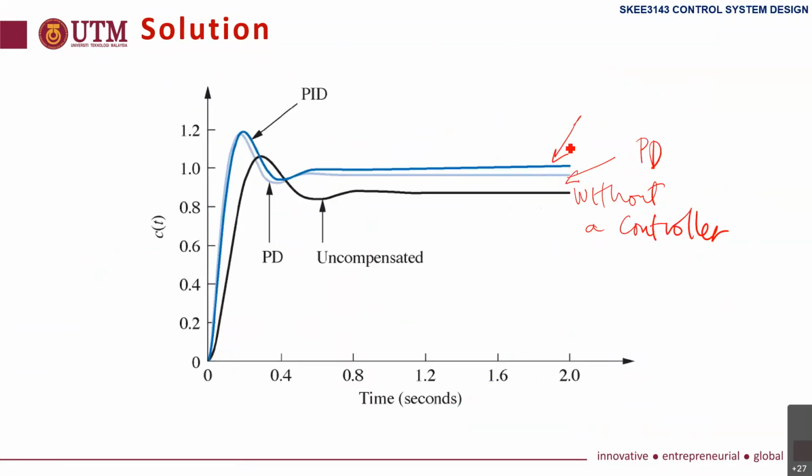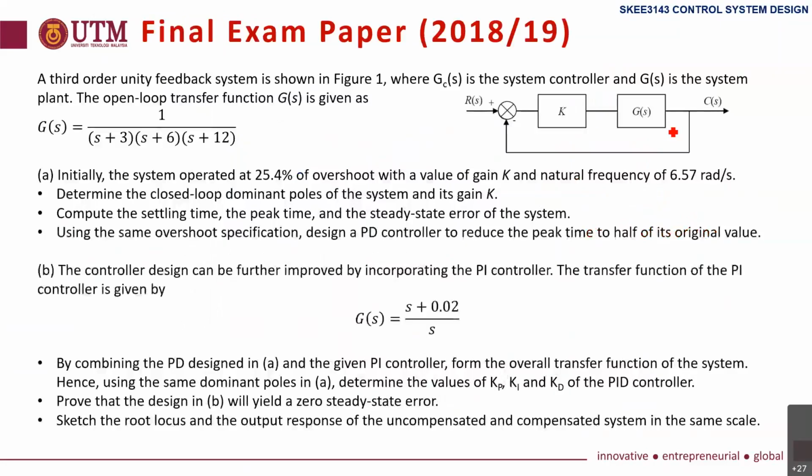But with PID, the error is improved. And we can achieve both a good transient response and zero steady state error. Okay, this is one example.